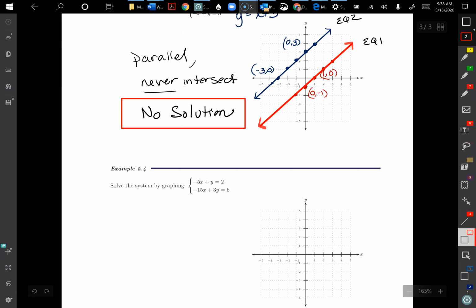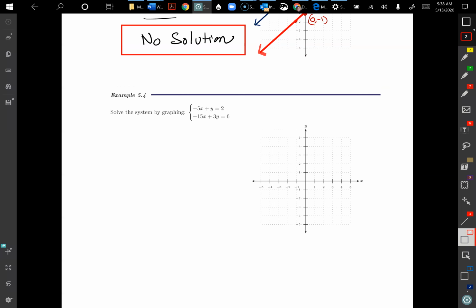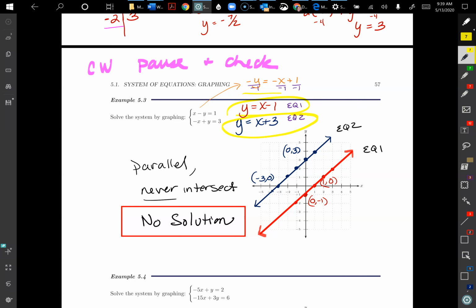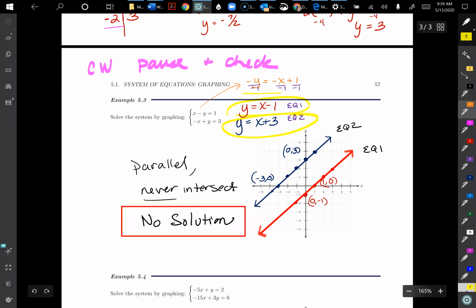Moving on to the bottom of the page. Actually, before we do that, I want to show you something here, how I solved this. I used the slope-intercept forms. I rearranged them. Be careful with your negatives on that first one. And I notice here that I have the same slope.